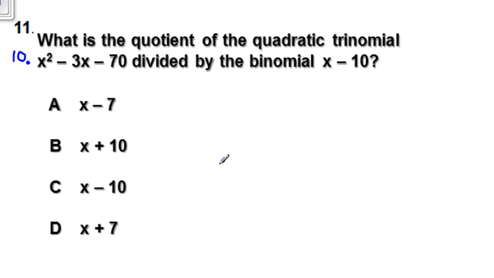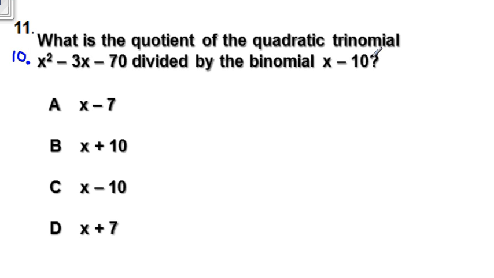Number 11, what is the quotient of the quadratic trinomial x squared minus 3x minus 70 divided by the binomial x minus 10? Well, there are a lot of ways we could go about this. We could use long division, synthetic division, and either one of those would give us a correct answer.